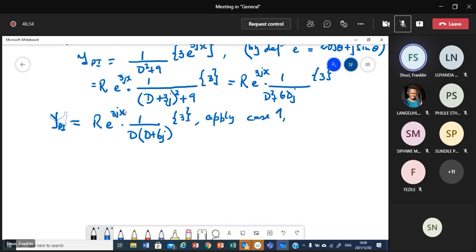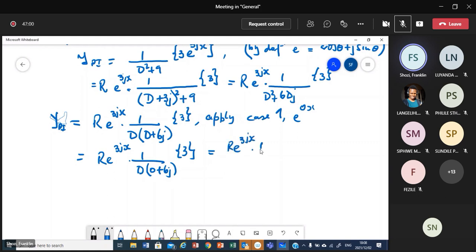Apply case 1. That is, if this is a constant, you introduce e to the power 0x. So e to the power 0x comes in. Then theorem 1, sorry. So it's the real part of e to the power 3jx, 1 over d. Then d is now replaced by that naught there. Naught plus 6j on 3 there. That gives me the real part of e to the power 3jx, 1 over d. Then this will be 3 over 6. 3 over 6 is half.